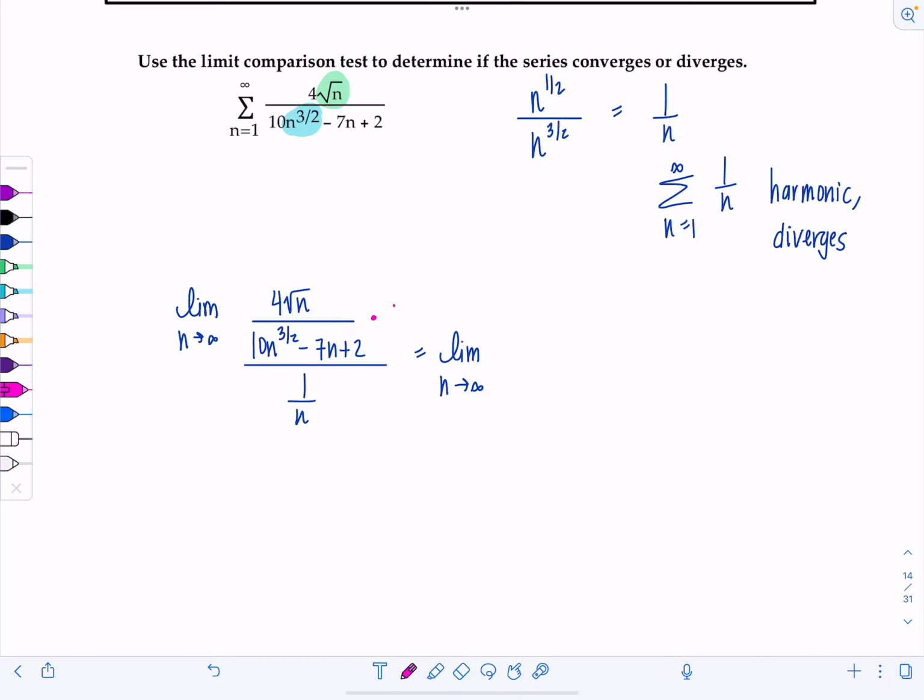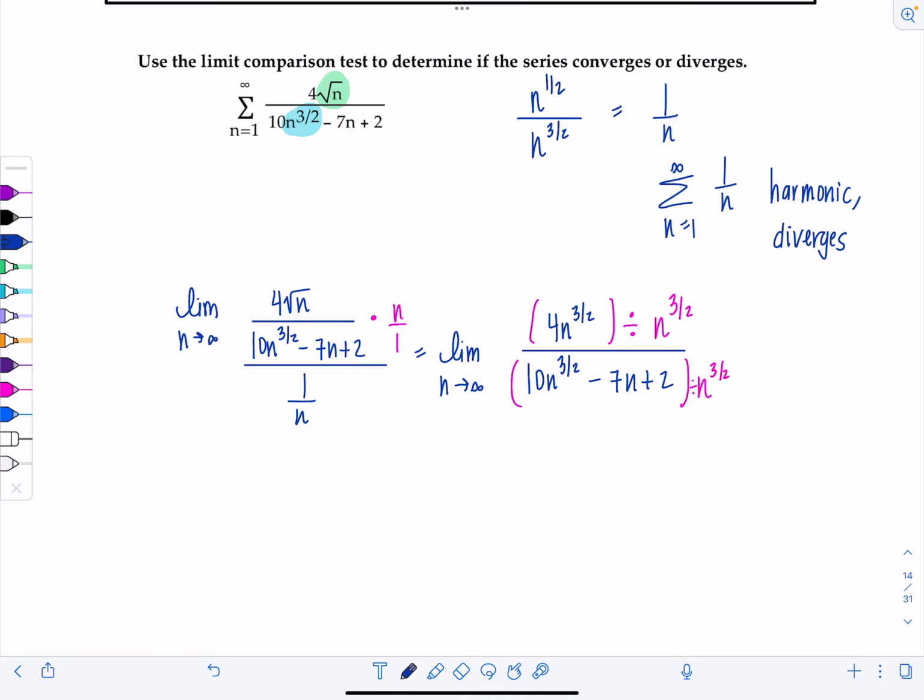If I multiply by n over 1, now I have 4n to the 3/2 in the numerator over 10n to the 3/2 minus 7n plus 2. And then to take this limit, divide by the highest power of n in the denominator, which is n to the 3/2.